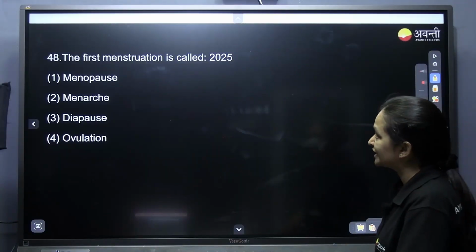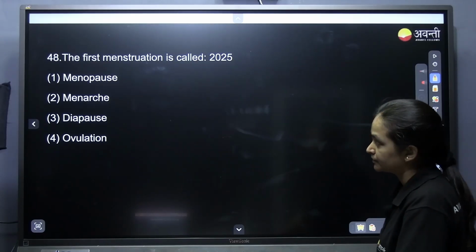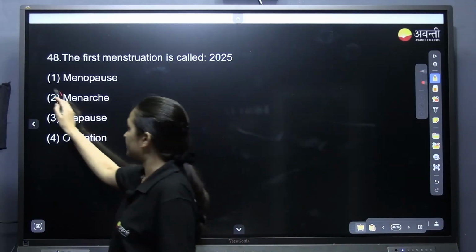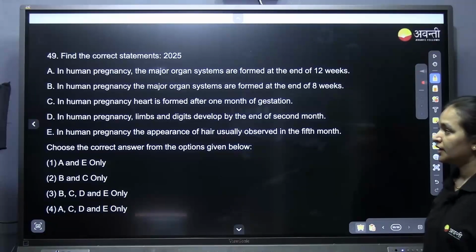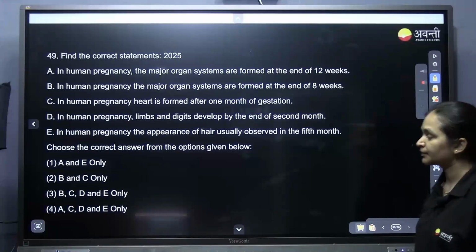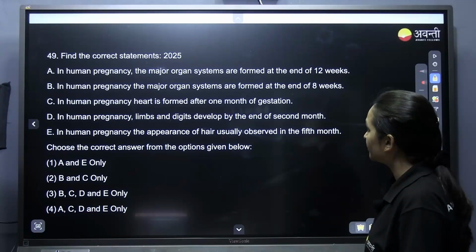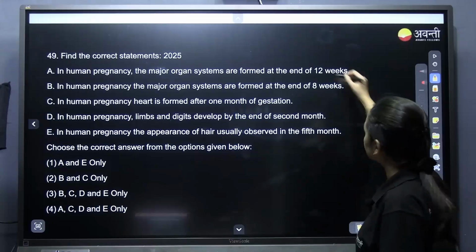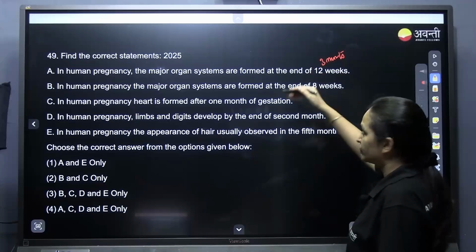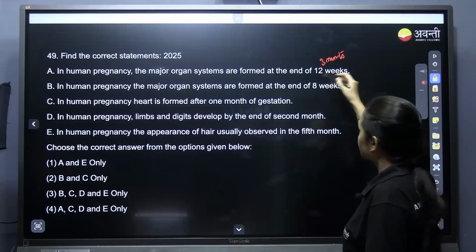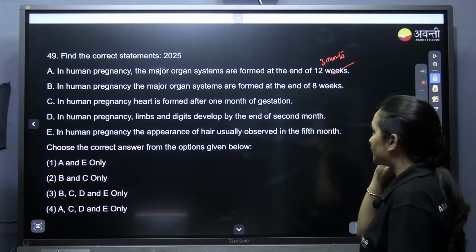The first menstruation is called menarche. It is a 2025 question. Find the correct statements. In human pregnancy, the major organ systems are formed at the end of 12 weeks. 12 weeks is 3 months, the first trimester. True. The major organ systems are formed at the end of 8 weeks?